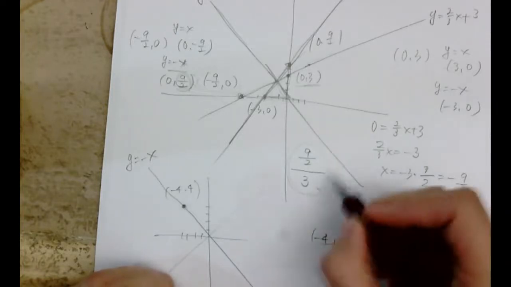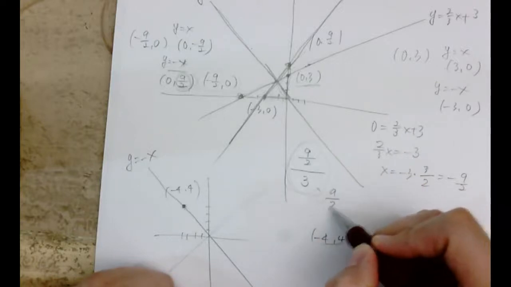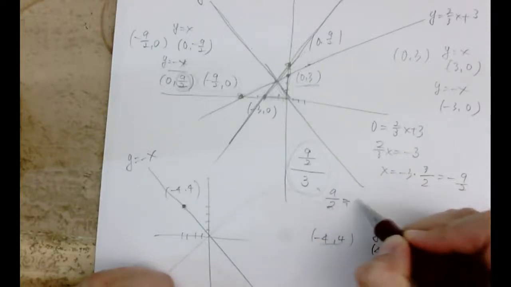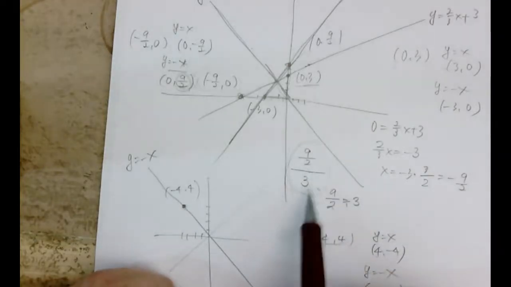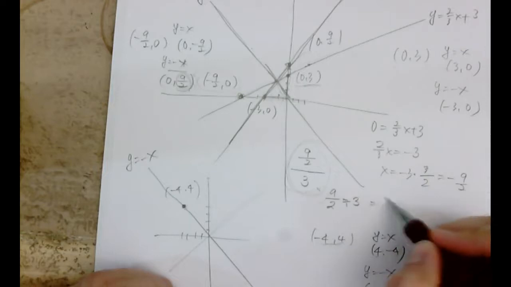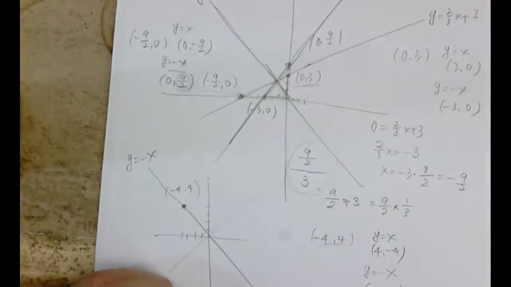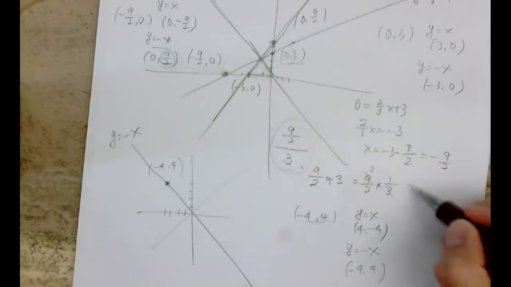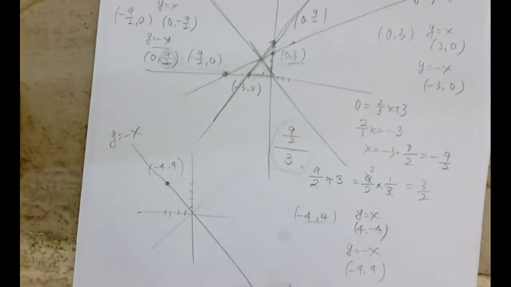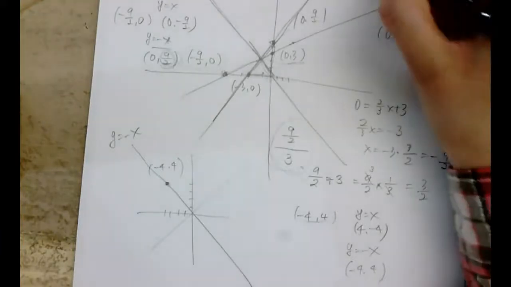The easiest way, probably the most intuitive, is that this means 9/2 divided by 3, right? So this is the same as 9/2 times 1/3. Then there's a 3 in there, so there's 3/2. So the slope is 3/2 x, and this is the equation.